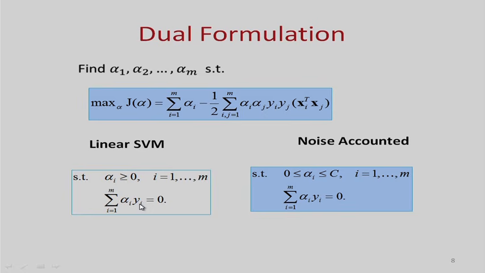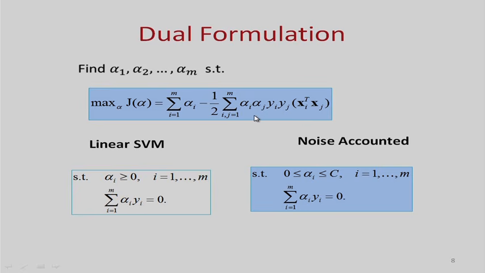In the case of noisy SVM, this quantity remains the same, but the constraints change. So, earlier we had alpha_i greater than or equal to 0, we now have alpha_i between 0 and C for i equal to 1 to m. The second constraint remains the same.